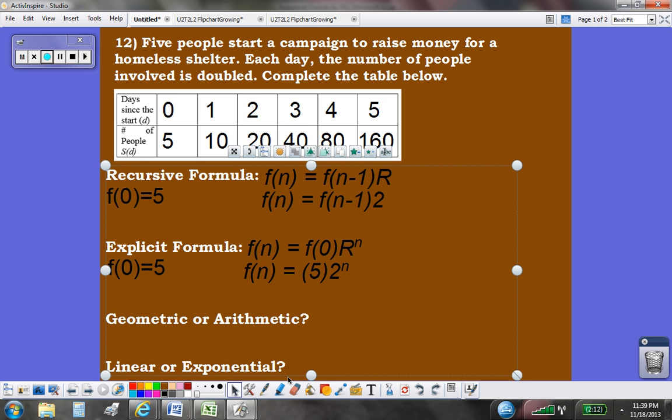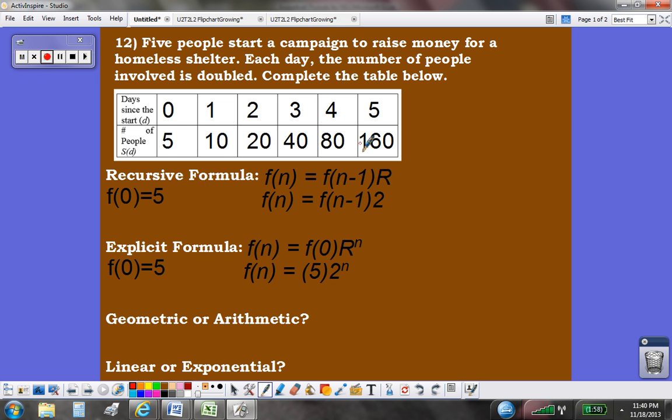Okay? And remember, this is a geometric sequence. So if you look at it, notice as the x increases by 1, the y's are doubling, which means the difference is not the same.